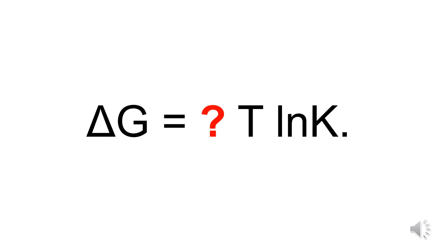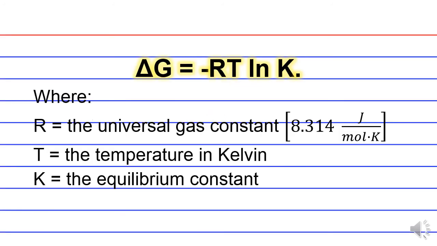Okay, so delta G equals blank T, the natural log of K. All right. Delta G equals -R, where R is the universal gas constant.